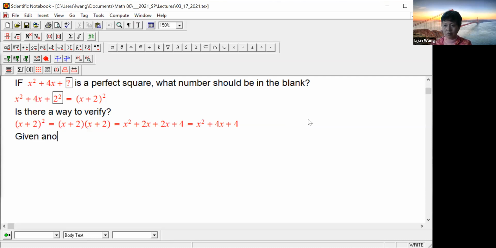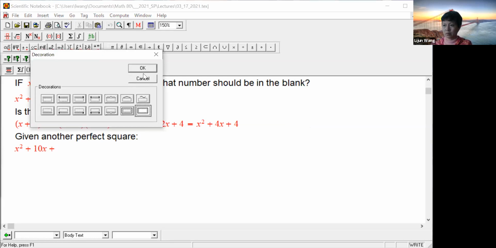Given another perfect square, this time it is x squared plus 10x plus blank.